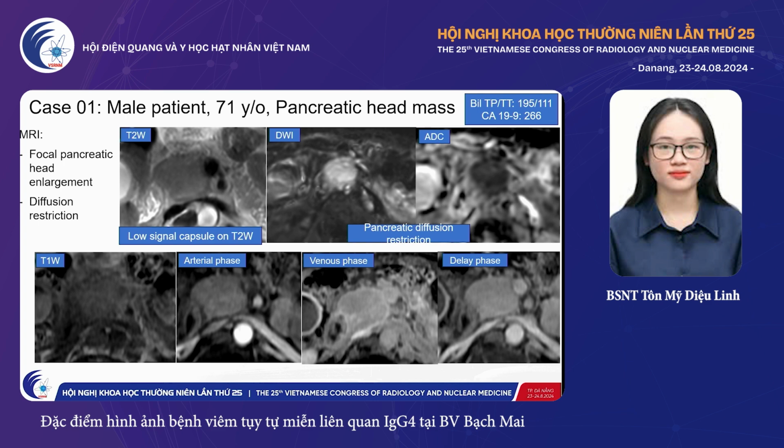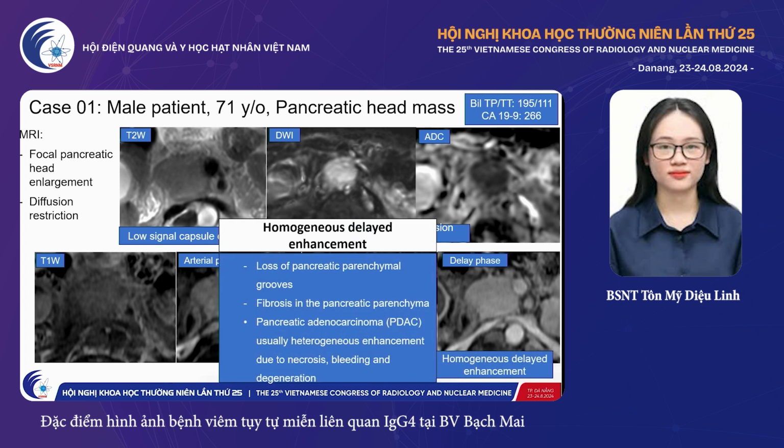The first case is a male patient, 71 years old, with a high level of bilirubin and CA19-9. The patient has a focal pancreatic head enlargement with diffusion reduction on MRI and dotted enhancement in the early phase, homogeneous in the delayed phase.